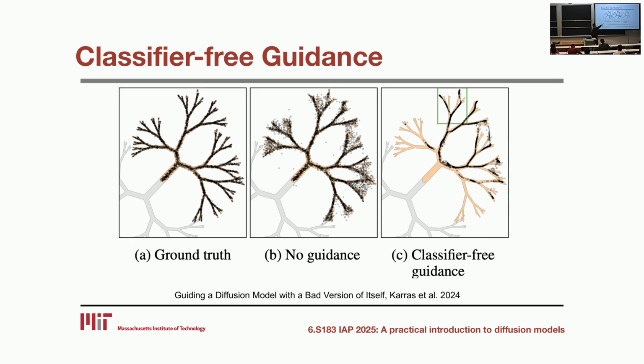So if you have a ground truth distribution that looks like this, with all the tree branches, each data point is one dot on this tree branch. It's like a 2D coordinate, okay? And this tree is highly multimodal. It's a very difficult distribution for a small neural network. So if you just naively train your model, what you end up with is something that looks like this.